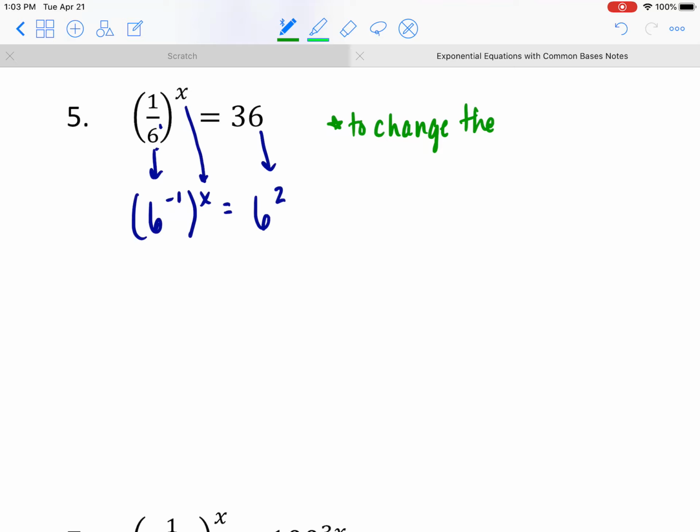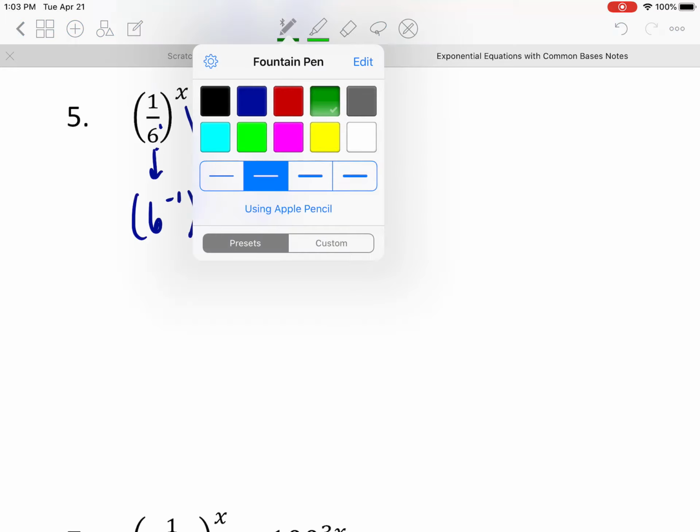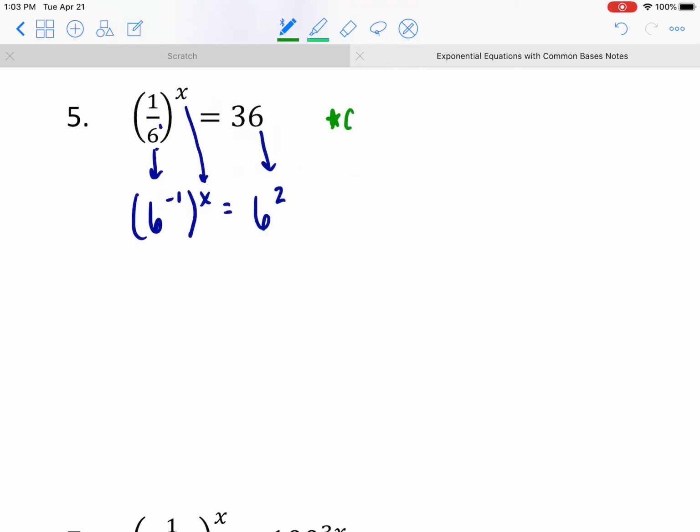If we want to change the side of the fraction that the base of the exponent is on, we change the sign of the exponent.